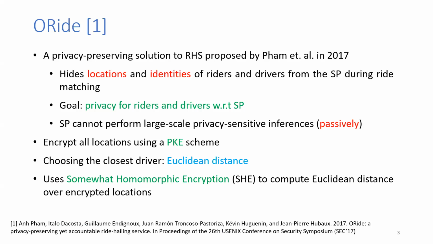So this is one of the first privacy-preserving works to introduce encryption to the domain of ride-hailing services. Euclidean distance is used as a metric to choose the closest driver. And since the service provider does not have the actual locations, but instead has the encrypted locations, we need a homomorphic encryption scheme to compute the Euclidean distances over these encrypted locations.